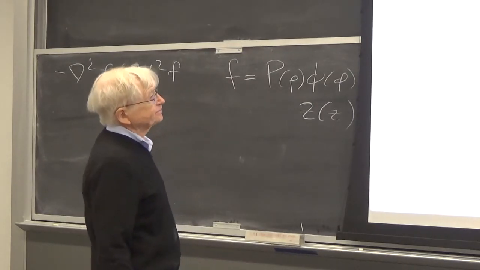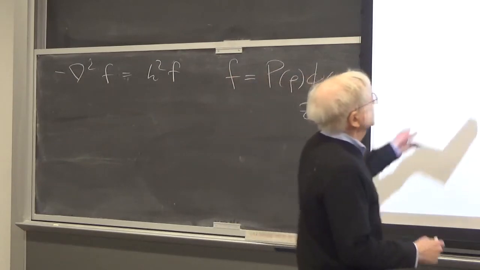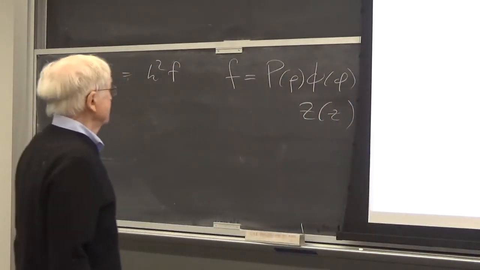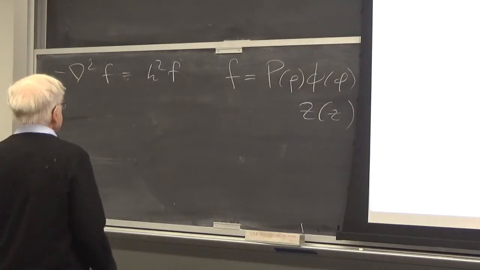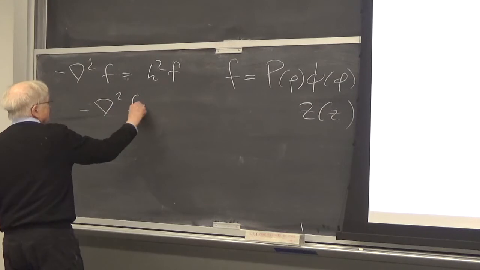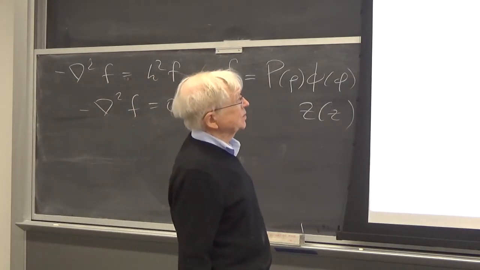And that shouldn't be alpha equals 0, that's supposed to be k equals 0, so that's a typo in the book. So if k equals 0, then you're down to minus Laplacian of f equal to 0, and you're back with Laplace's equation.